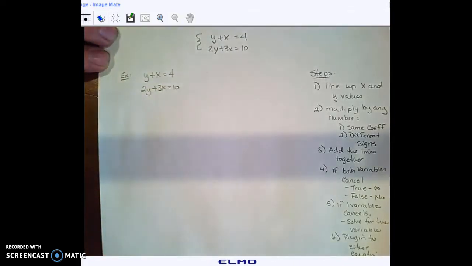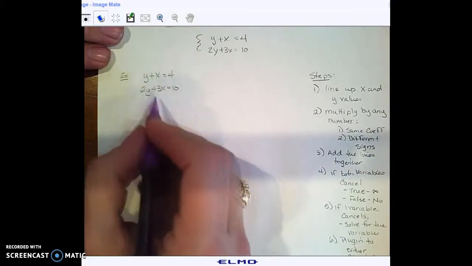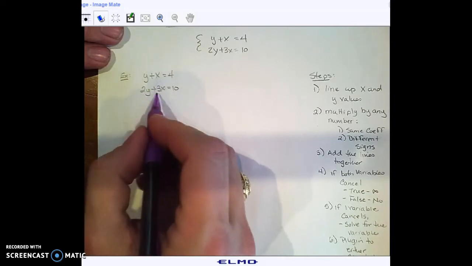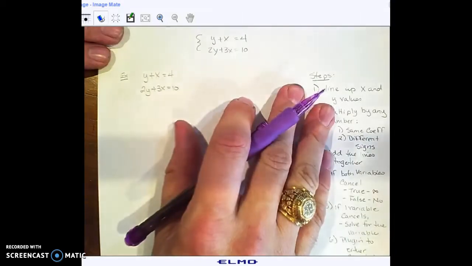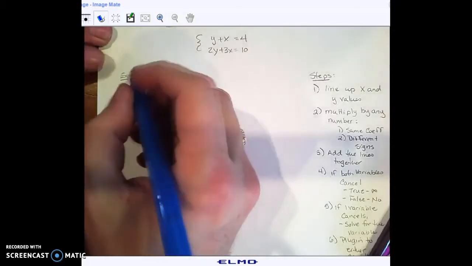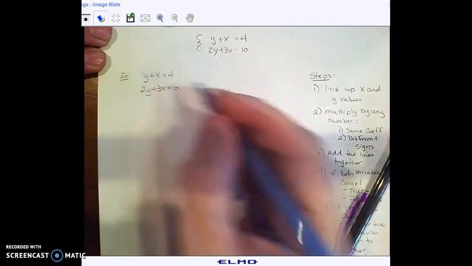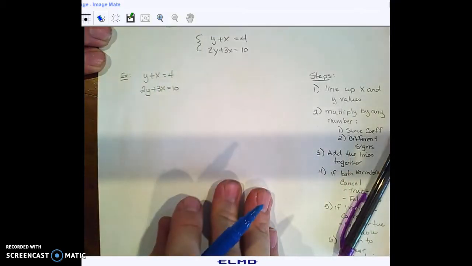Well, I want the same coefficient, but I want different signs. So I can pick whatever I want here. I'm going to pick to get rid of the x's. It doesn't matter, I could pick the y's if I wanted to, but I want to get rid of my x's. So I'm going to ask myself, what does my coefficient have to be? Well, it has to be the number 3, and then my sign has to be different, so it's got to be a negative 3.